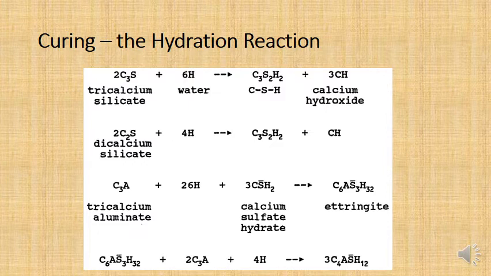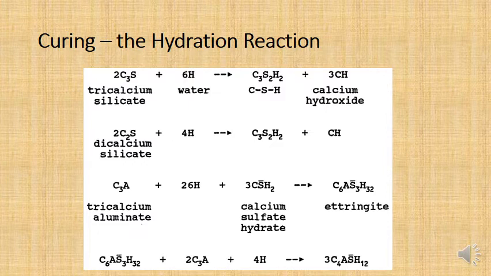Remember how I said Portland cement has other molecules inside it too? There's also a sulfate element to it as well. That's going to form a molecule which we call ettringite. It's basically a combination of calcium, alumina, silica, and hydrates.